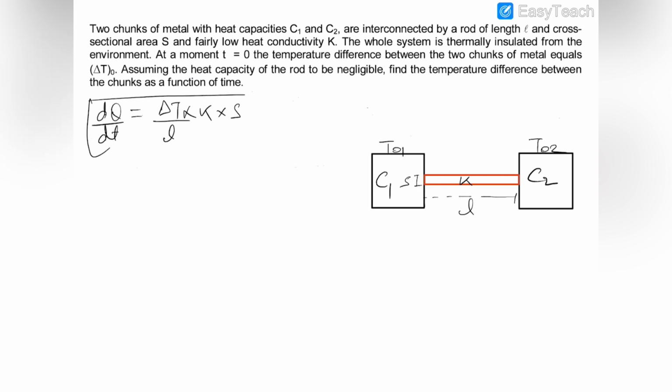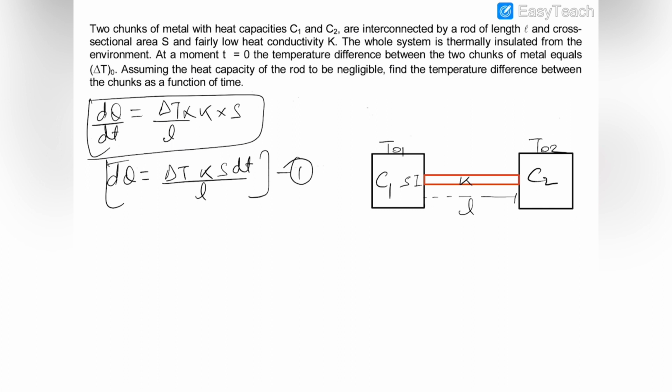So this is the heat current. Now dq is equal to delta T Ks dt by L. This is the first equation.